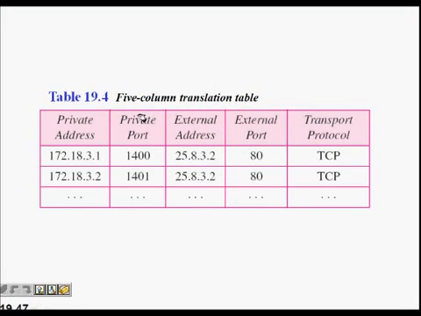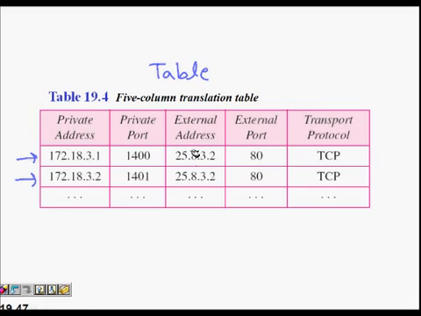So the problem that I mentioned is when two or more internal IP addresses are sending to the same server, how will we manage? So now the table is extended and it has 5 columns. One is the private address as before, 172.18.3.1 and 3.2.